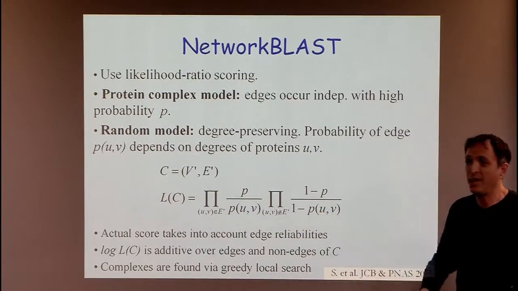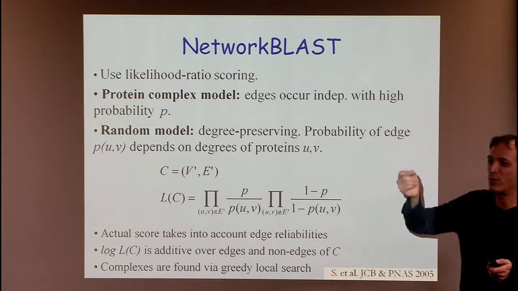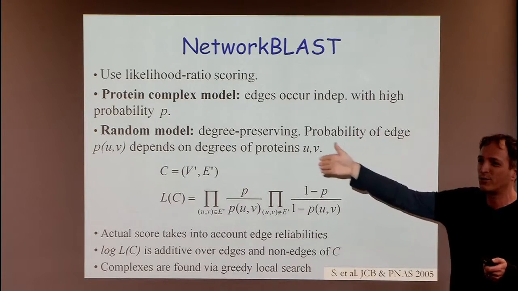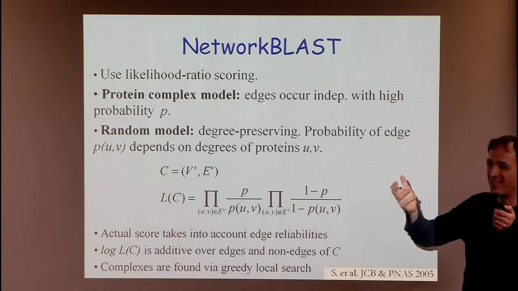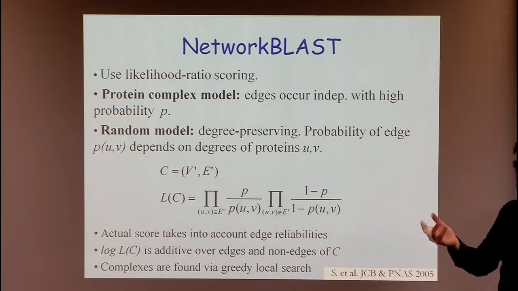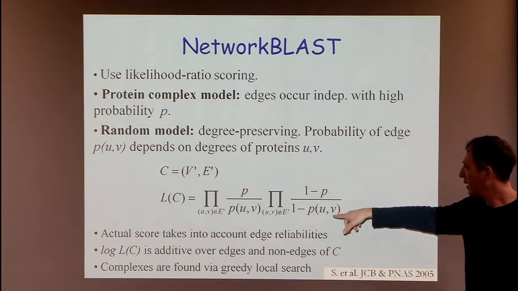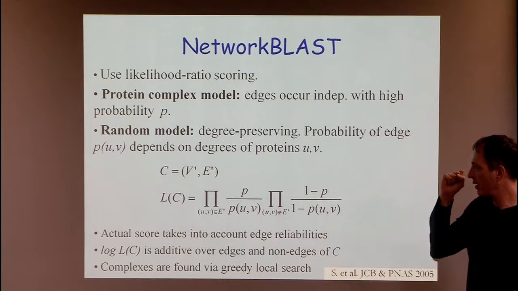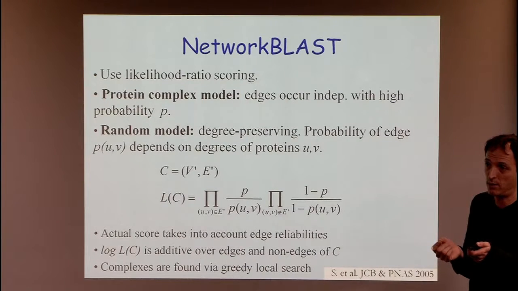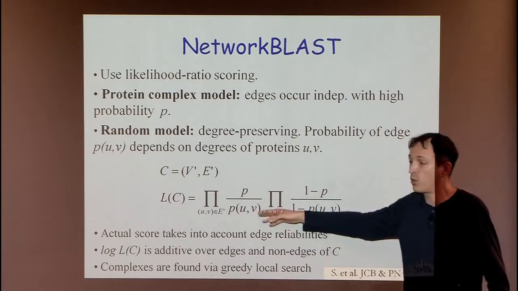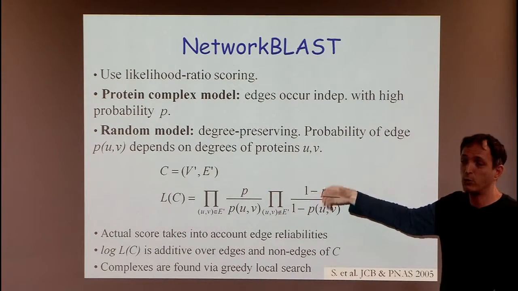If you make a lot of trials at random, you have a chance of discovering something that is very high scoring. However, you account for that in the sense that in a random graph, if you look at very large degree proteins, then you do expect them to interact, and therefore your score for those proteins will not be so large.